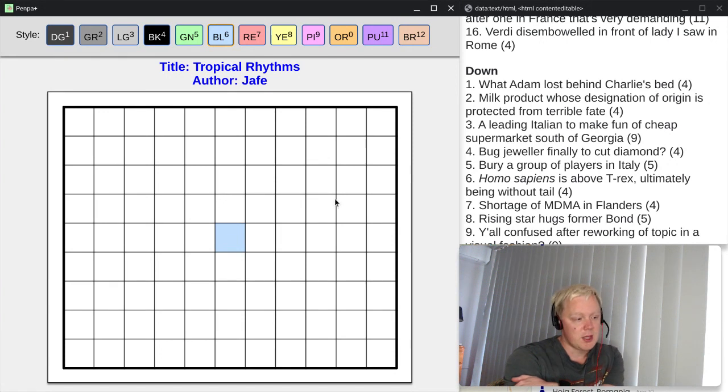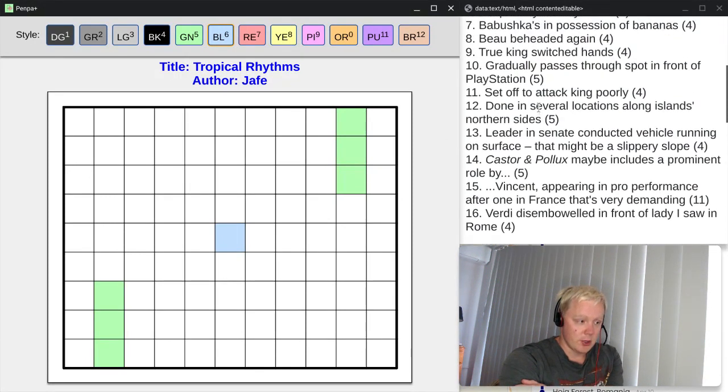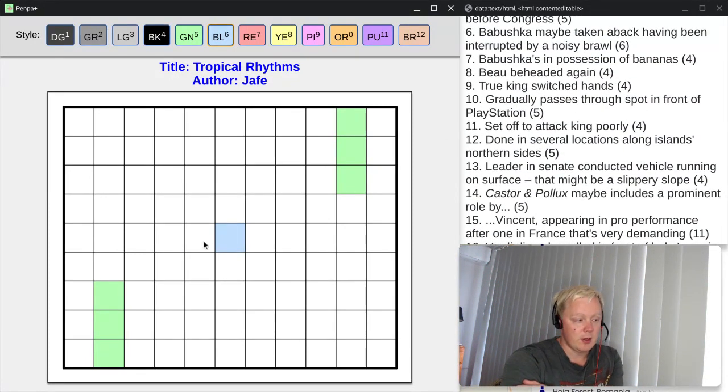Remember, we said that every answer, if we put an answer here, we're going to have a symmetrical answer here. So these are going to be in pairs. If we have answers in pairs, that should give us an even number of clues, right? And that's what we have in the acrosses. Now, if we had an across here, that would be unpaired.